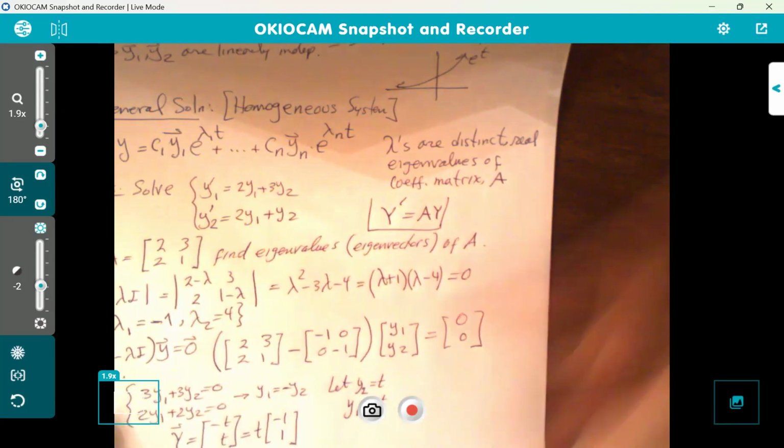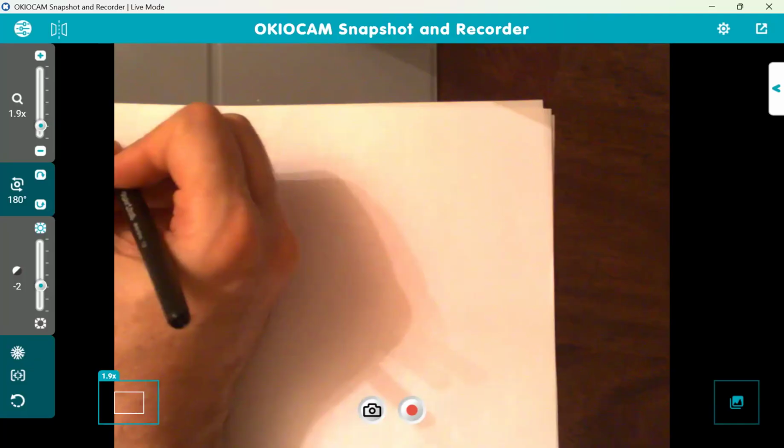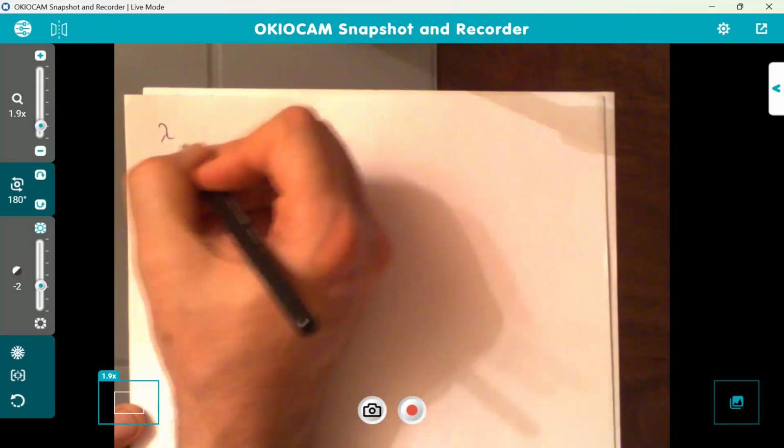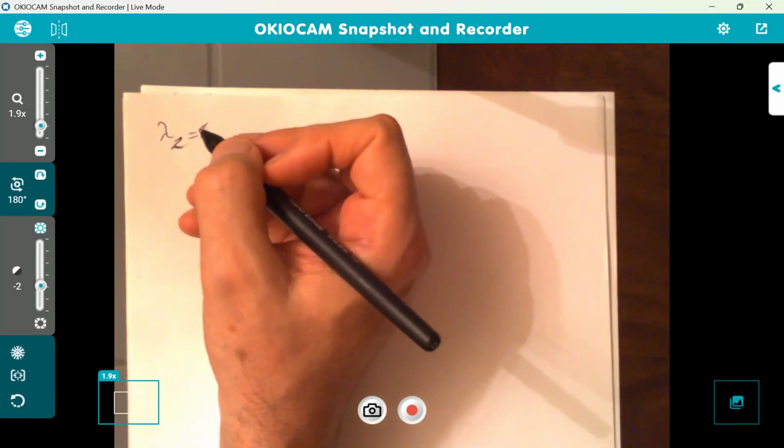Now let's do the eigenvalue lambda 2 equals 4. Let's try that one. So corresponding to lambda 2 equals 4, what is this going to look like?